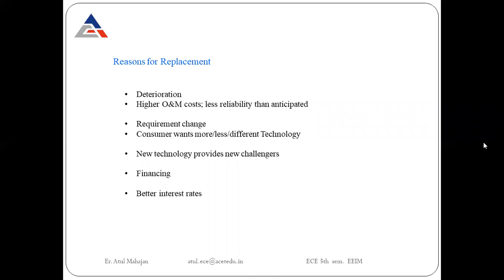So the next point is financing. Financing is, yes, the biggest issue. If I need to buy a new asset, if I want to replace an old asset with a new asset, I have some financing issues. If I am capable enough to finance myself, then only I can buy a new asset. Okay, isn't it? I should be financially strong first so that I can buy it.